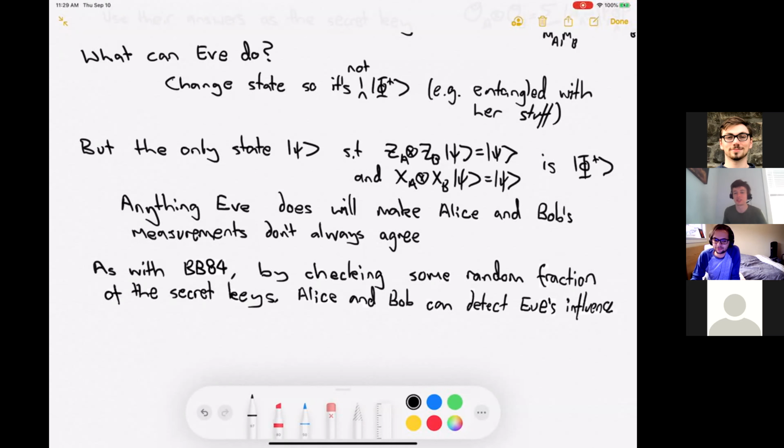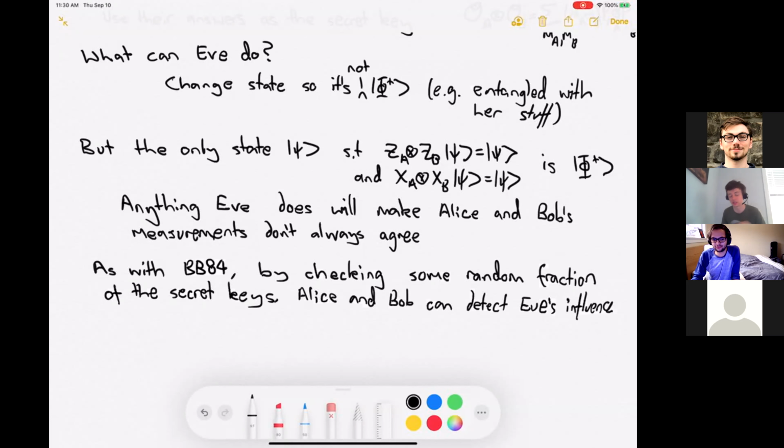And you can just see what those are. For the Z's, it's spanned by phi plus and phi minus. For the X, it's spanned by phi plus and psi plus. Let me check that's right. I think the simultaneous eigenbasis of these operators is indeed the Bell basis. Yeah, exactly.